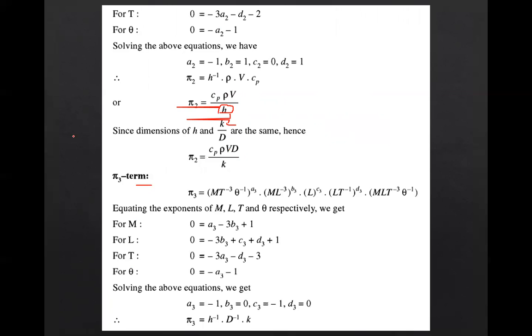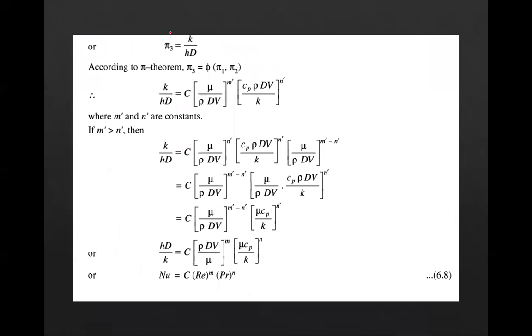Similarly, we get the value of pi 3 by equating the values. After comparing their powers, we get a3 is equal to minus 1, b3 is equal to 0, c3 is equal to minus 1, and d3 is equal to 0. That means pi 3 is equal to h raised to power minus 1, d raised to power minus 1 into k. So pi 3 is equal to k upon h d.